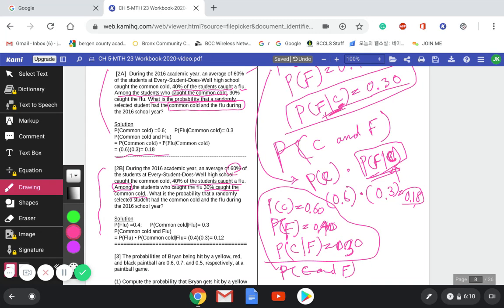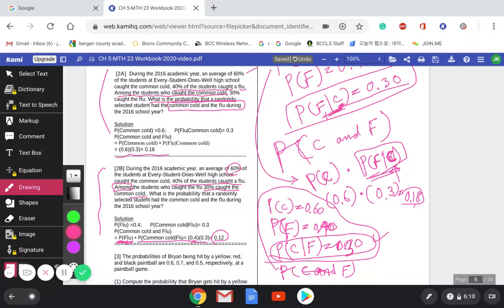Again, common cold and flu is flu times, okay, common cold given flu. Because the common cold given flu is given as 30%, we have to use this. Then you need the flu this time. So 0.4 times 0.3 is 0.12.